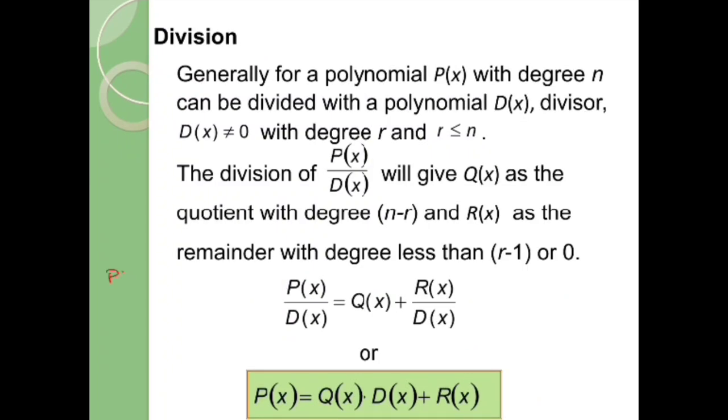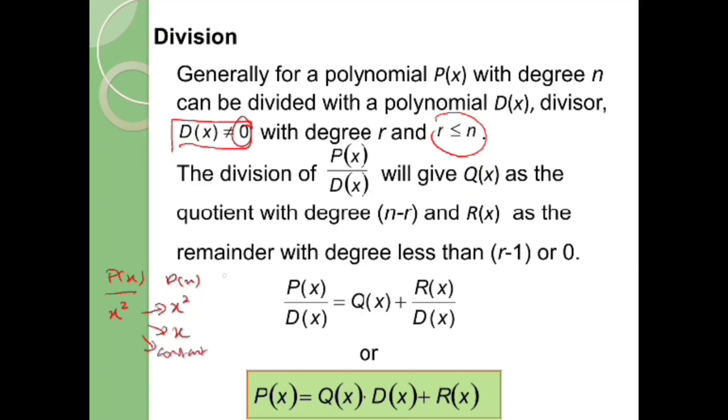Okay, so if we have a polynomial of degree 2, for example, then our divisor must be of degree less than n or equal to n. So the divisor can be of degree x power 2 or x power 1 or also a constant. But the divisor cannot be 0.